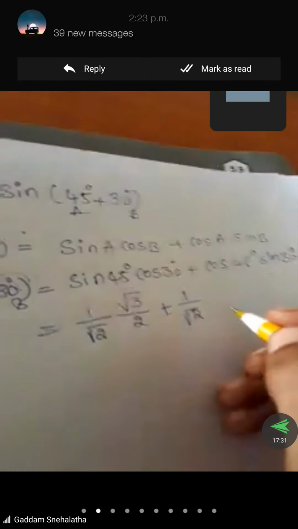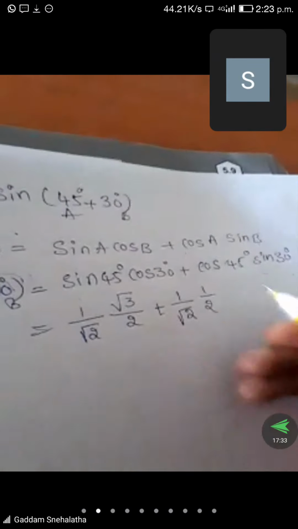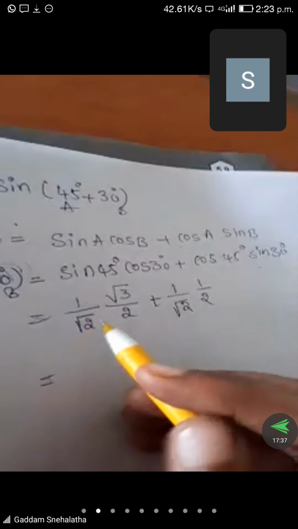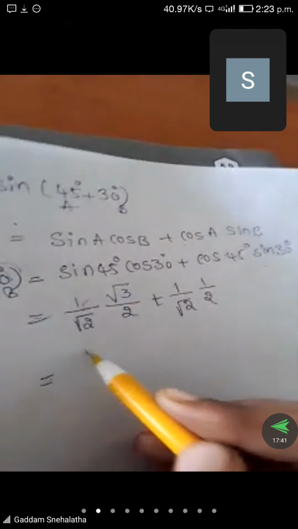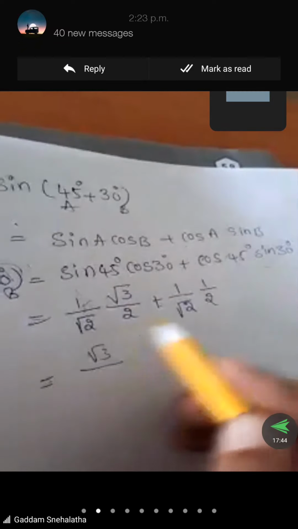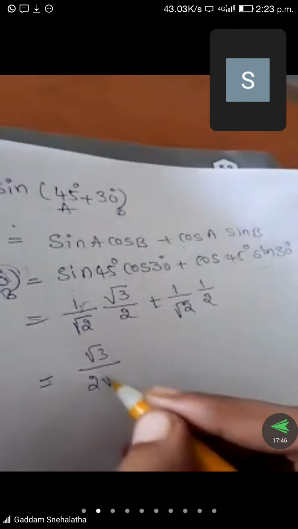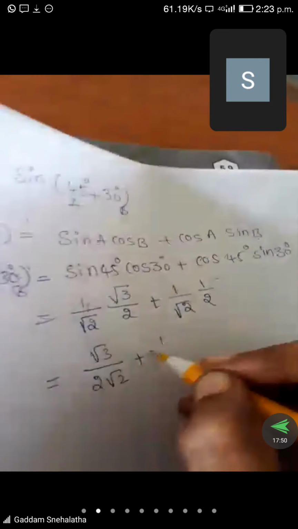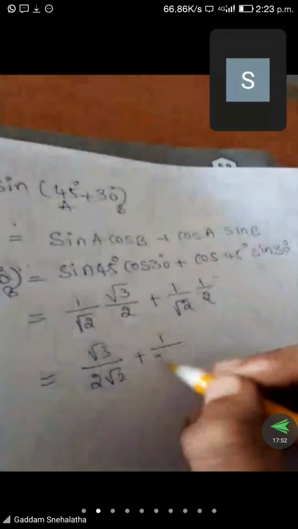Next sin 30, what is the value? 1 by 2. So it is equal to root 3 by root 2 into 2, which is 2 root 2, plus 1 by root 2 into 2, which is 2 root 2.